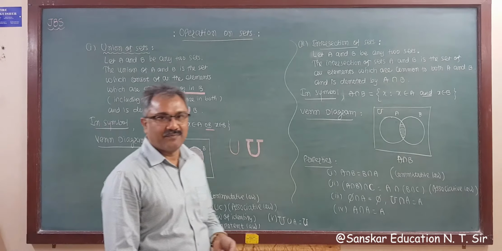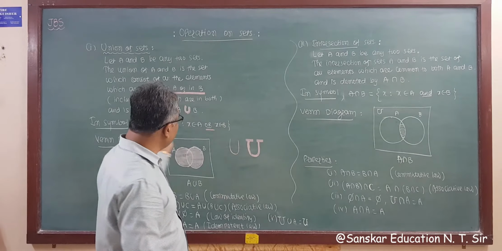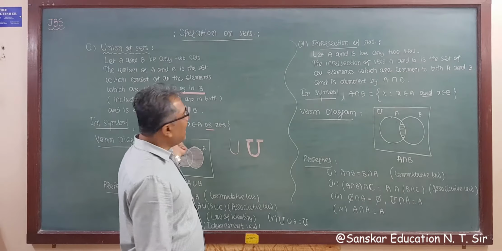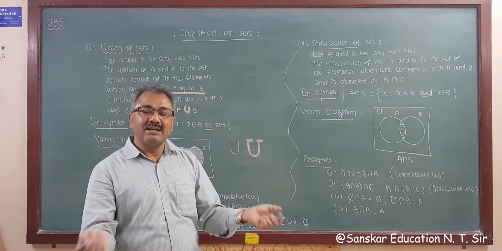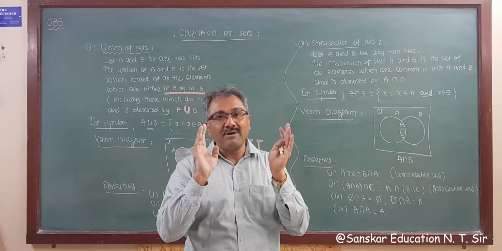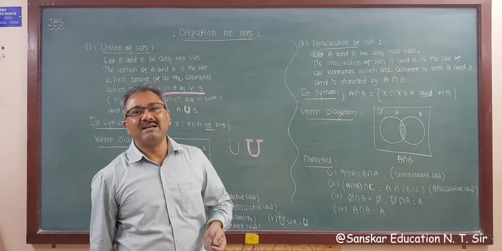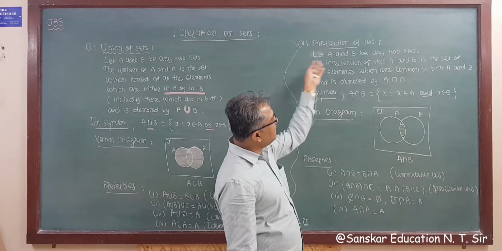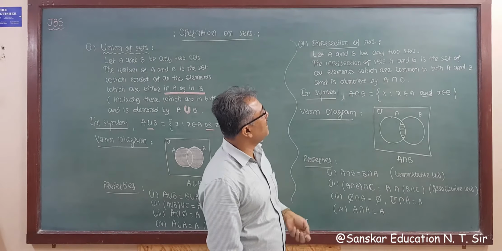Now intersection. In union, as we discussed, it is set A or B. In intersection, set A and B means both have common elements, called the intersection of two sets, right? So see here, let A and B be any sets.